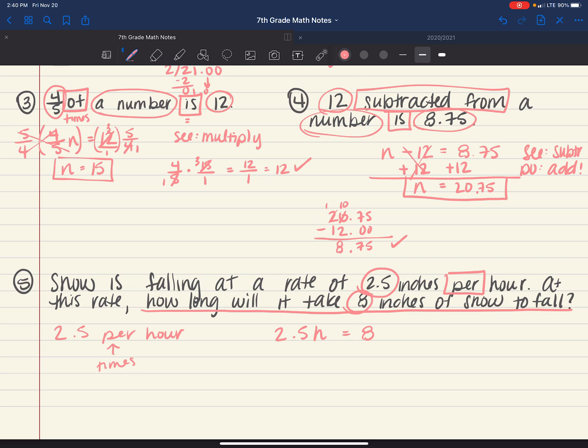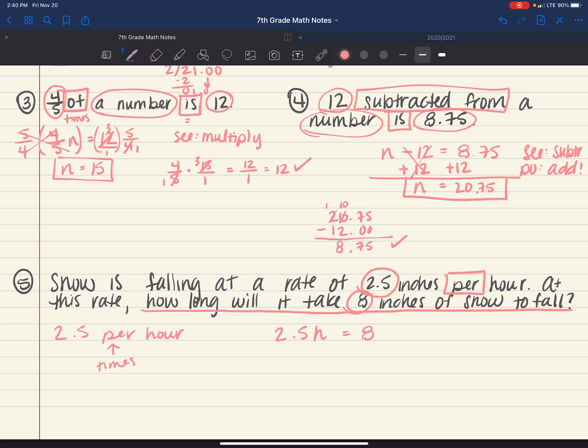That's got to be my variable because I don't know how long it will take. I'm trying to figure that out. That's why it's unknown. And I use the variable h because that's what hours start with. And I know it's multiplying because of the word per. So 2.5 times some amount of hours will eventually get me to 8 inches of snow.